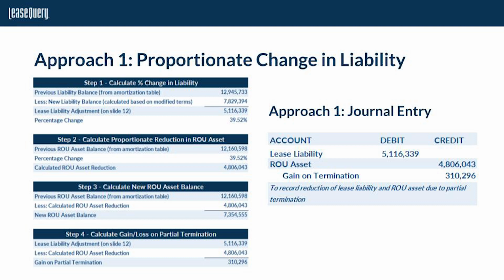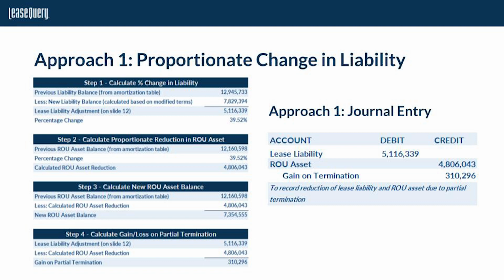Then you take that reduction amount and subtract it from the right of use asset balance directly before the modification and get a new right of use asset balance. Lastly, step 4, you take the reduction of the lease liability from up here, the 5 million, compare it to the calculated reduction in the right of use asset, the 4.8. That difference is 310,296.